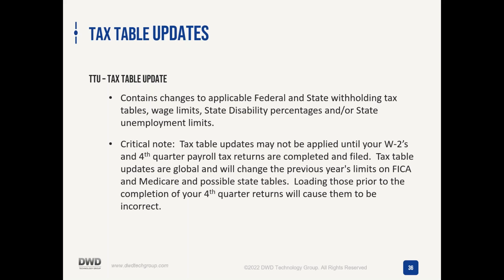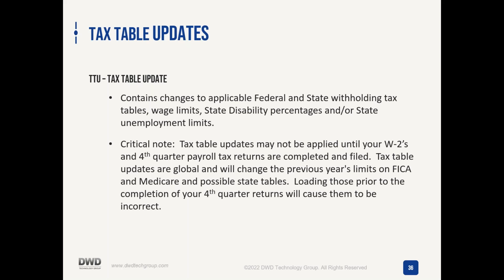I don't remember the exact number. But if you've got people that have made more than that amount and you drop the new tax tables in, you will get some disparities on your 941 reporting. So make sure you complete all of your 2022 tax reporting before you run the new tax table updates.